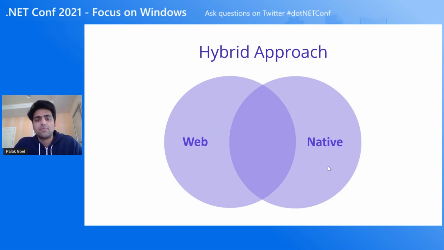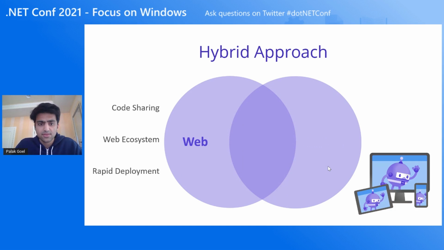So let's zoom out a little bit. I think oftentimes when we're creating a new application, we have to decide what technologies we want to use. Do we want to use web technologies or native technologies? It's a hard choice because there are so many advantages to both. Some of the advantages of a web-based stack are easy code sharing.